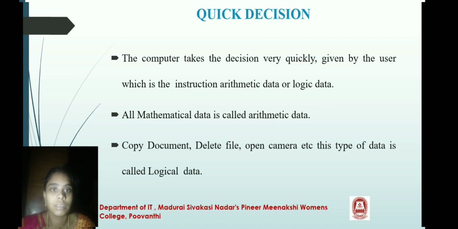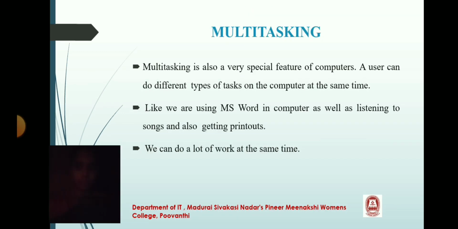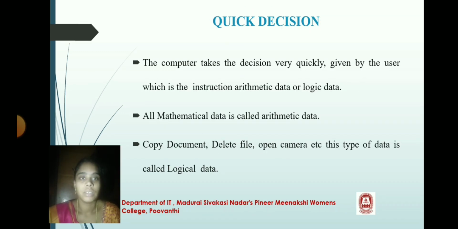Here the input is fed, and based on that input and the instruction, the decision is made quickly. That instruction specification will be the major factor for the output.